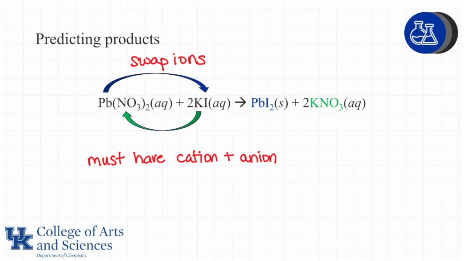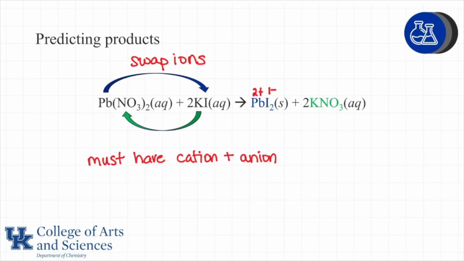Notice that we have to redetermine the formulas on the product side. Although there's only one lead and one iodide in our reactants, we see that one of our products contains one lead and two iodides because lead has a 2+ charge, iodide has a -1 charge, and when we crisscross down, we get PbI2.